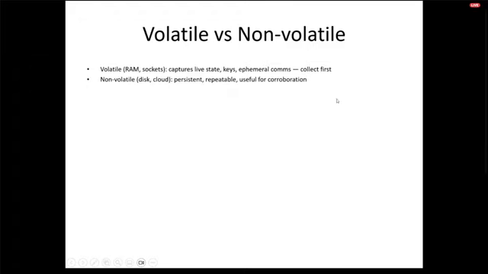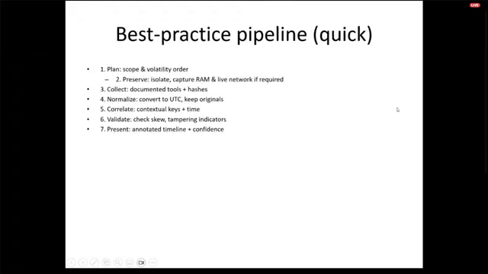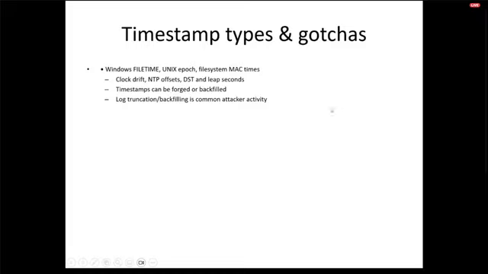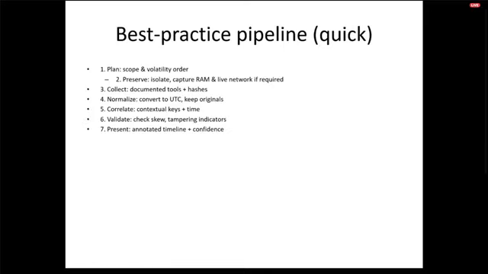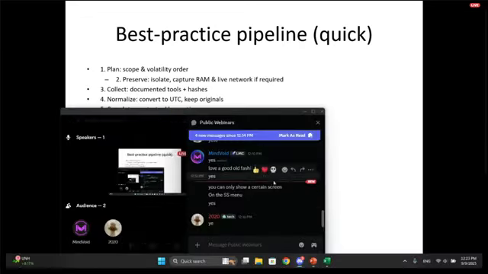Also, we have the non-volatile and volatile memory, or the volatile timelines, so those that update every time something happens, and those that don't. And then we have the practices, so how exactly you would validate and gather the volatile data.